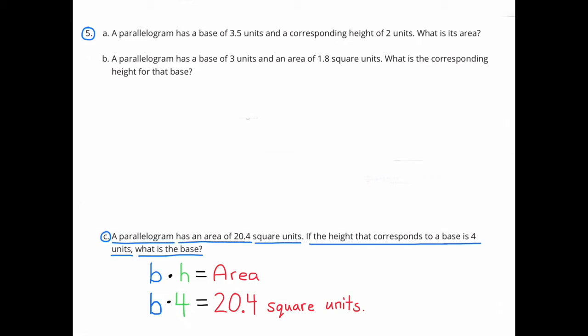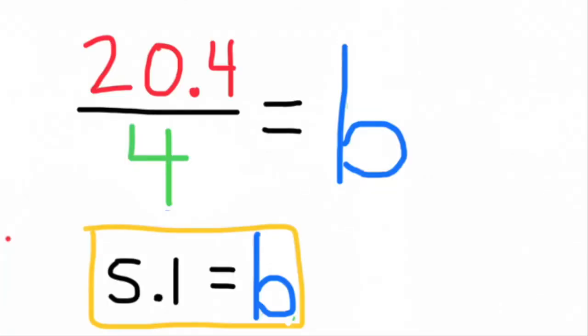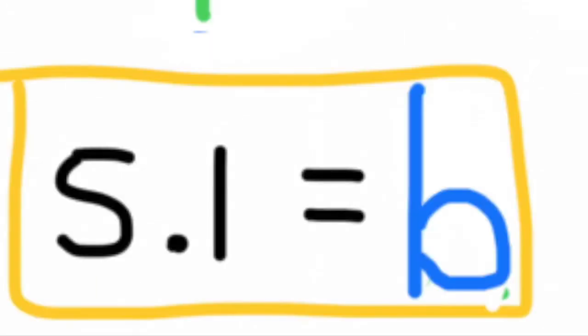What number times 4 equals 20 and 4/10? We can figure that out by dividing 20 and 4/10 by 4. 20 and 4/10 divided by 4 is 5 and 1/10. The base is 5 and 1/10 of a unit.